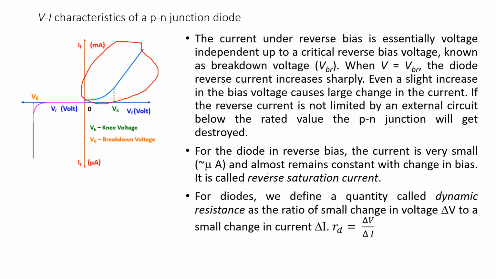So we have to operate the diode under reverse bias within the operating voltage specified by the manufacturer. For the diode in reverse bias, the current is very small, in the order of microamps, and almost remains constant with change in bias. It is called reverse saturation current.